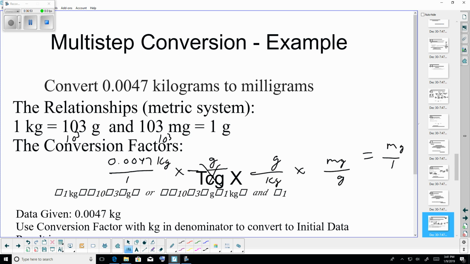So we know 1 kilogram is how many grams? 1,000. 1 gram is how many milligrams? 1,000. So it'd be 0.0047 times 1,000 times 1,000.